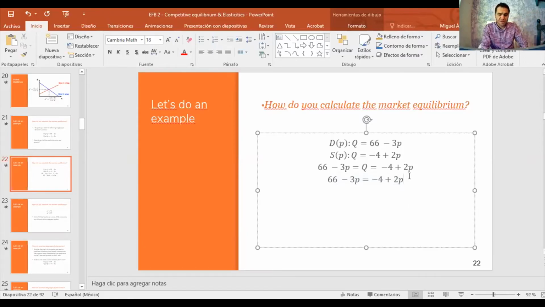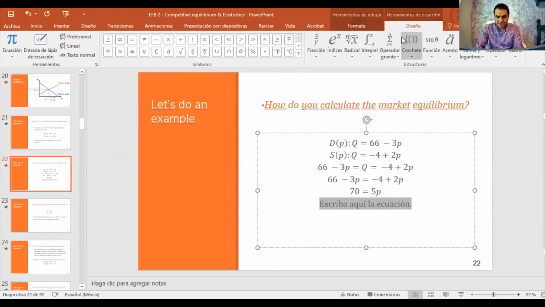So I'm basically just going to pass P to the right side of the equation. In this case, if I pass 3P to the right side, what I am left with is 5P. And if I add the 4 to the other side, what I'm left with on the left-hand side is 70 equals 5P. And with this in mind, it's actually really simple.